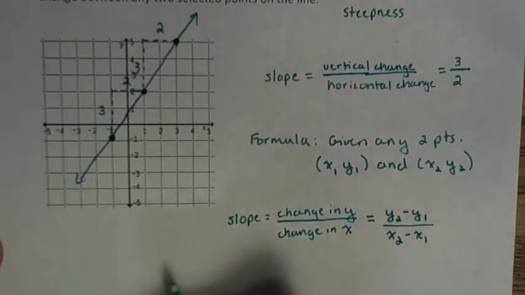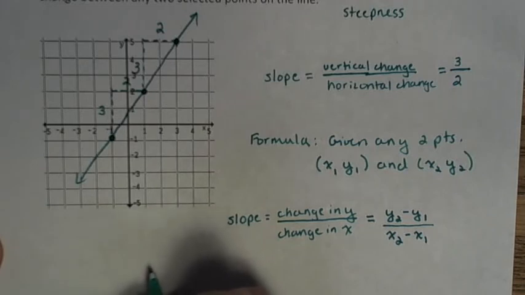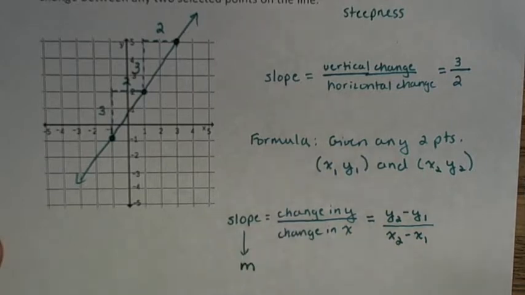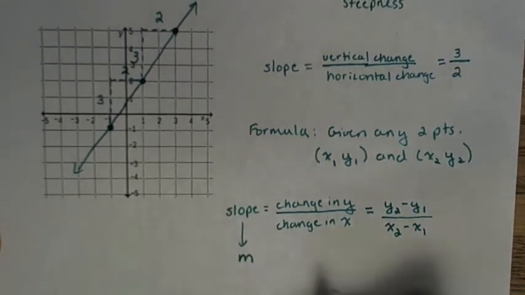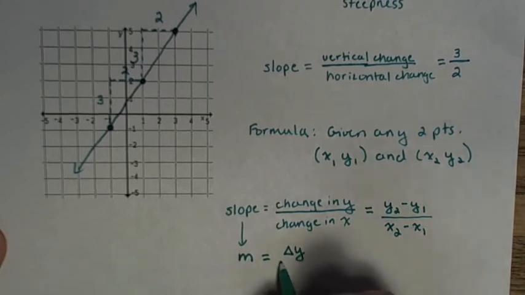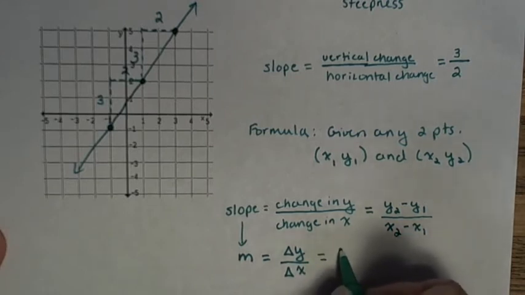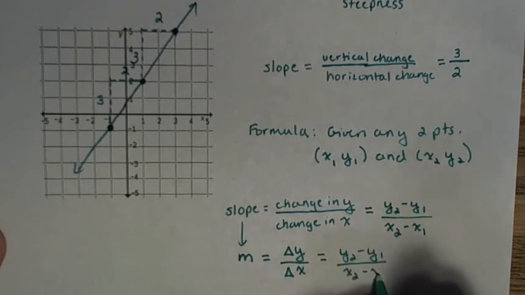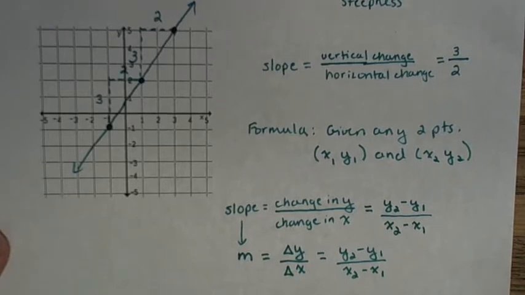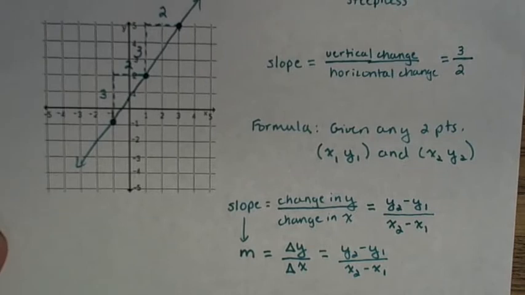So when we take all of this information and write it in terms of symbols, this will become m, the letter we typically use to refer to slope. m is equal to, and in symbols, change in y, we use a little triangle to represent change, divided by the change in x, is equal to y sub 2 minus y sub 1 over x sub 2 minus x sub 1. And this is the little formula that we will use to find the slope if we know any 2 points on a line.